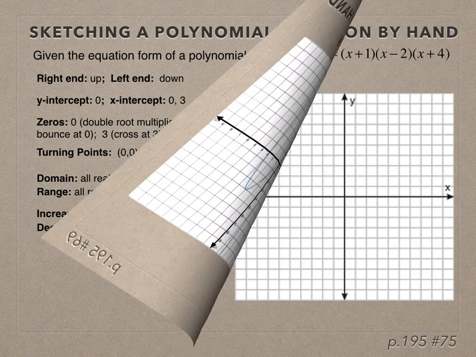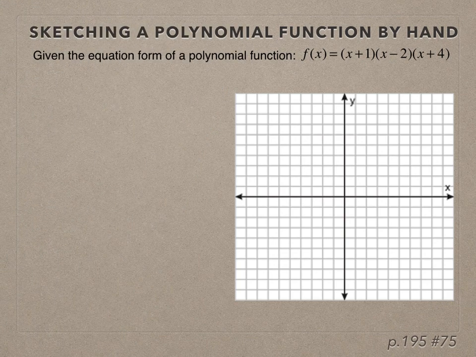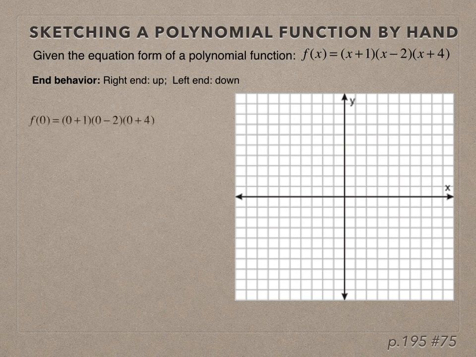So let's do another example, sketching a polynomial function by hand. This one is in factored form. I know that the right end is going to tend upwards and the left end will tend downwards. If I want to find the y-intercept, I set x equal to 0. So my y-intercept is -8.